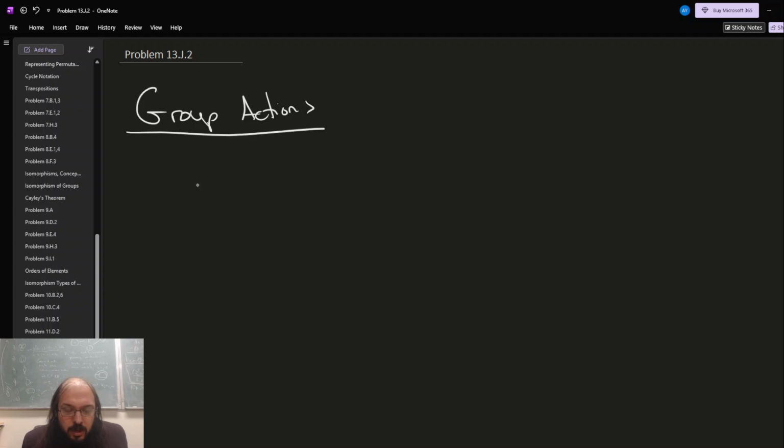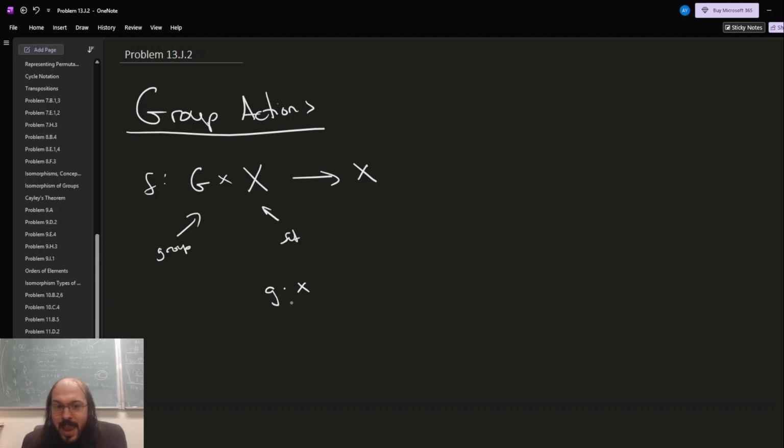So a group action is a function which takes in an element both of a group and of a set. Maybe we call this F, and it gives out another set element. And oftentimes we won't refer to F specifically. We usually just write G dot X. For normal group multiplication, when we've been using multiplicative notation, we don't write anything at all.